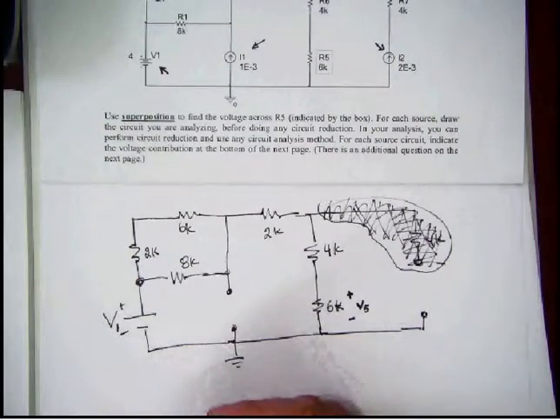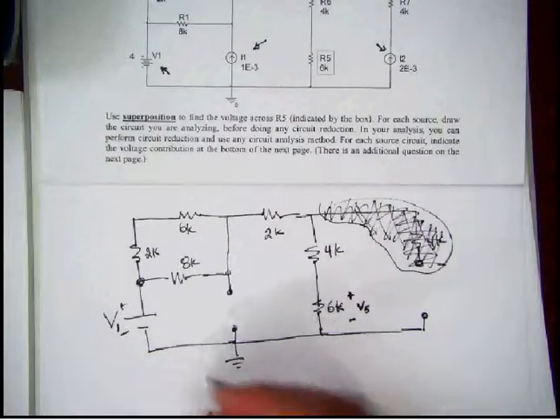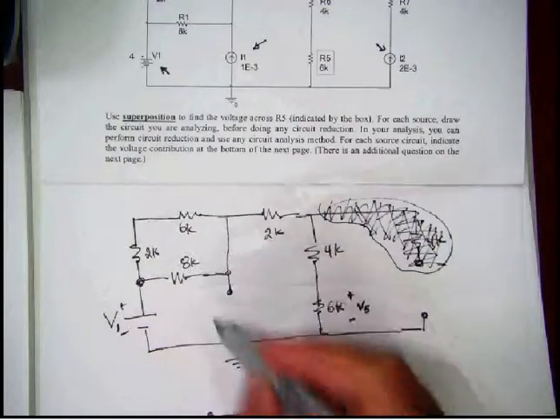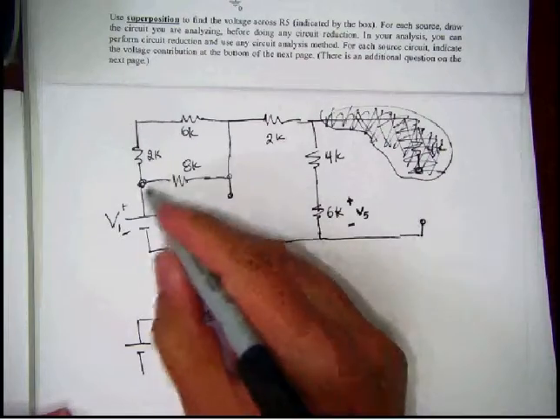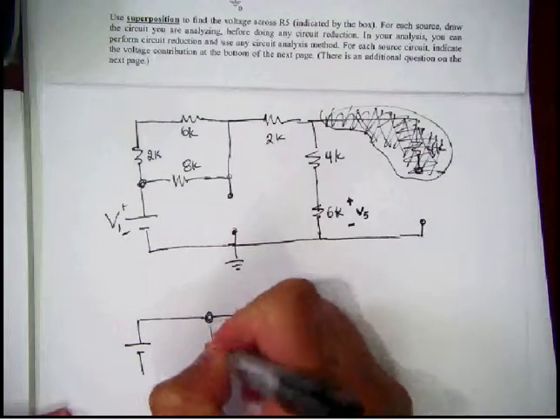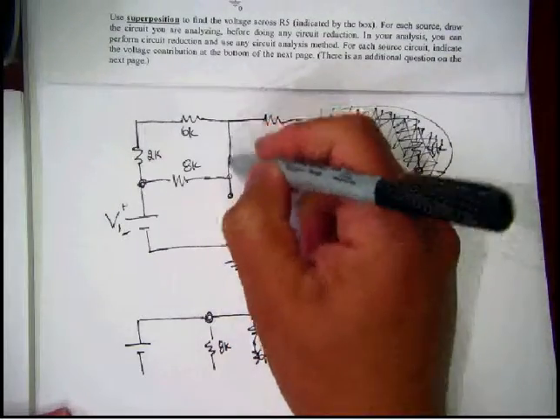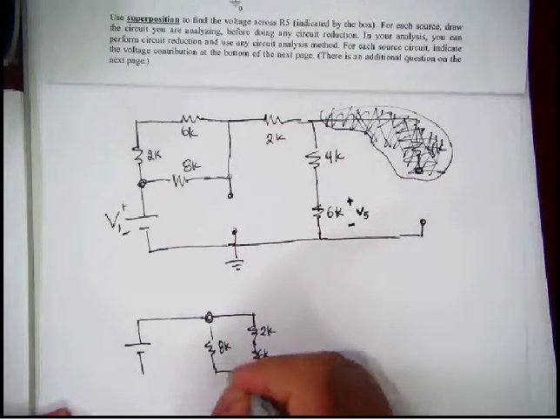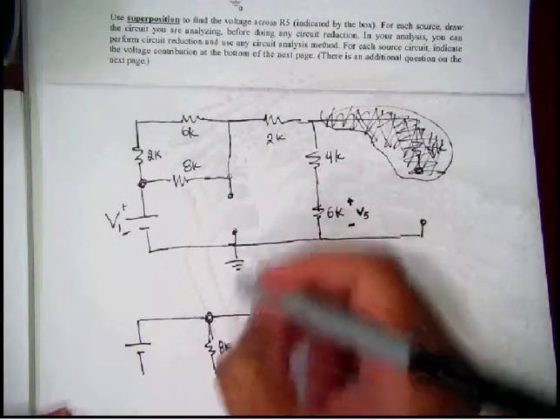At that node, this is going to split into a 2K and a 6K along that branch. And it also splits into this branch, which is just an 8K resistor. And then they come together right here. So that's that part of the circuit.